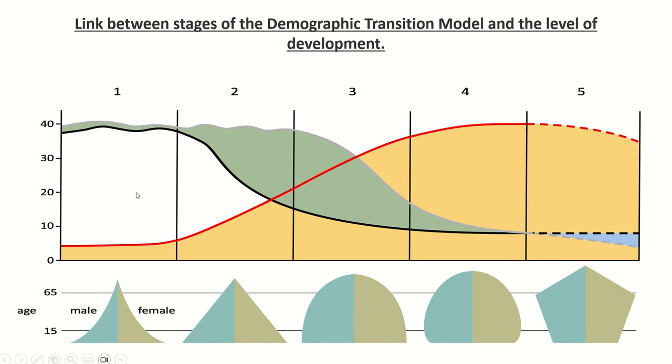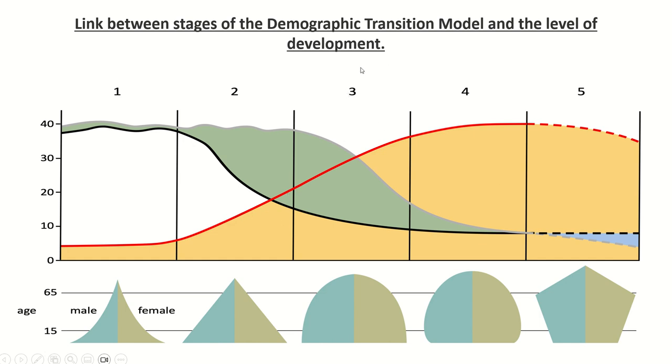But the death rate is starting to drop. Aid from countries like the UK and the USA, malaria nets, vaccinations, medications, modern medicine is introduced during stage 2. And as that death rate drops, but the birth rate remains high, the population starts to increase quite dramatically.